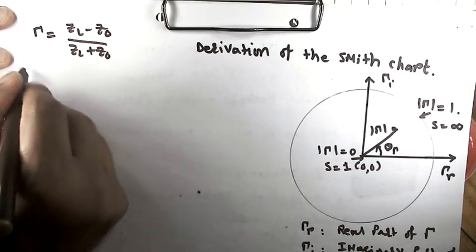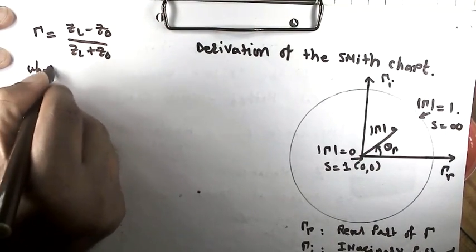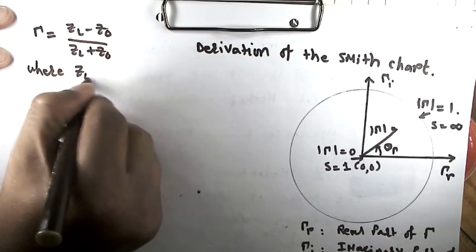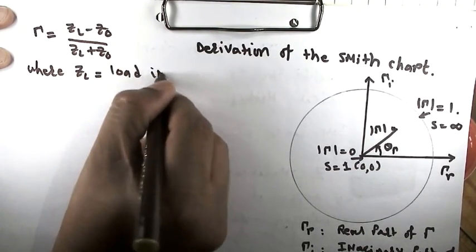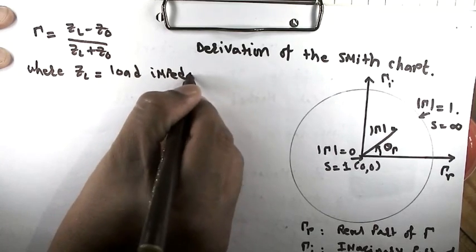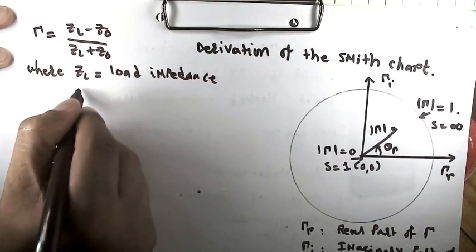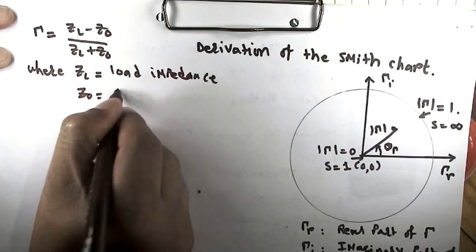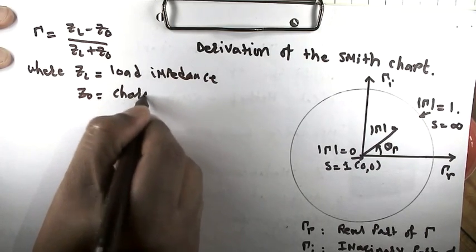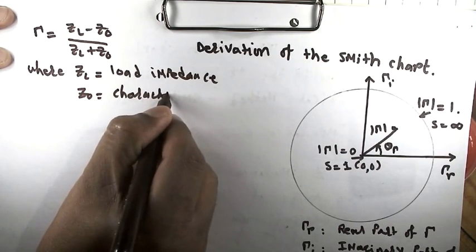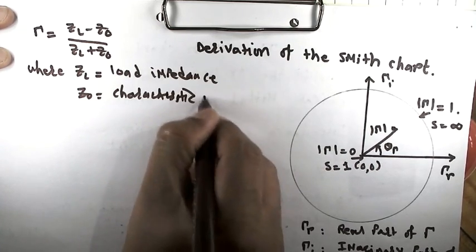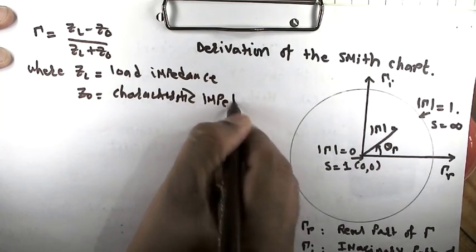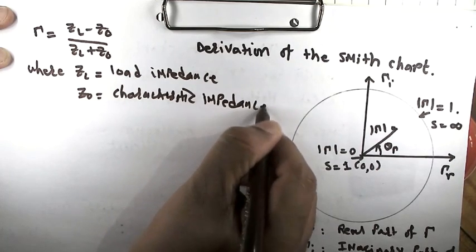So we know that ZL is the load impedance and Z0 is the characteristic impedance of the line.